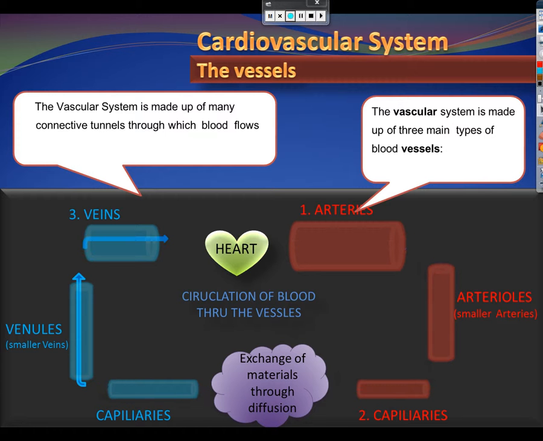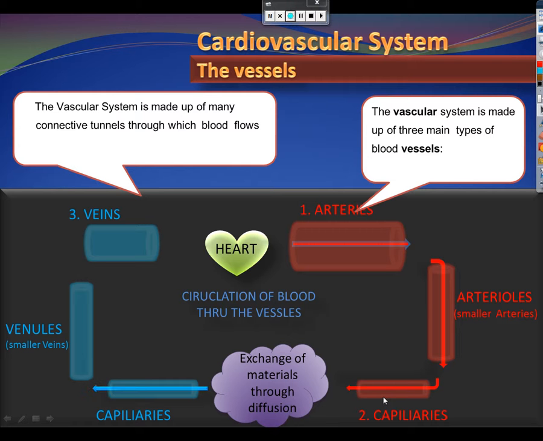Capillaries are related to arteries. Through this capillary is where diffusion occurs. Remember I talked to you about materials and particles and nutrients and so forth, even toxins that you ingest into your body. They're going to diffuse into these capillaries.